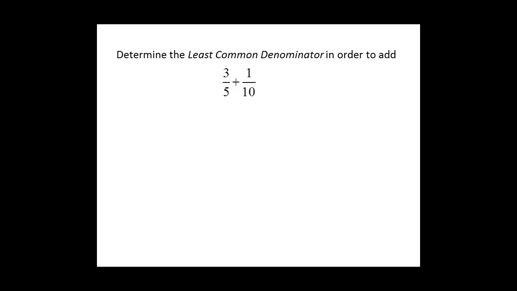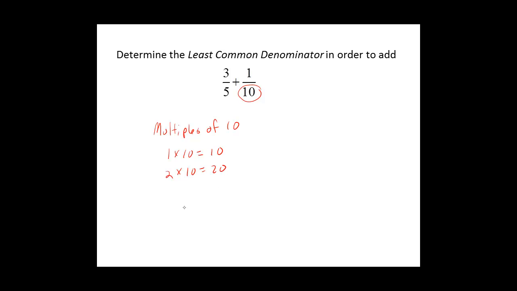Determine the least common denominator. We will use method 2. The larger denominator is 10, so we will write our multiples of 10. 1 times 10 is equal to 10. 2 times 10 is equal to 20.